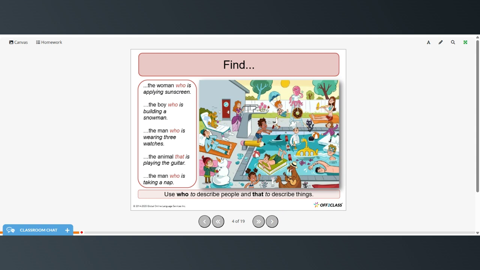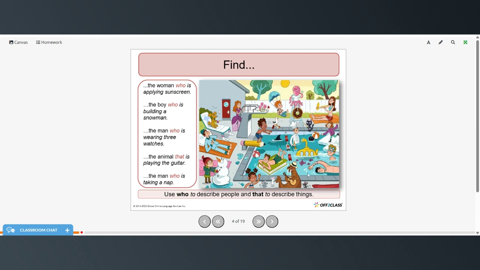So here's a little game you can play to understand relative clauses. Find the woman who is applying sunscreen in the picture. So over here. Find the boy who is building a snowman. Here. Find the man who is wearing 3 watches.